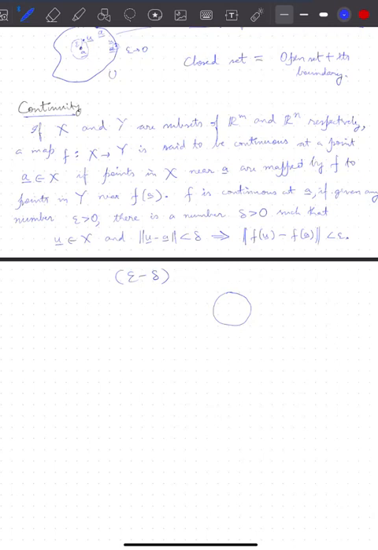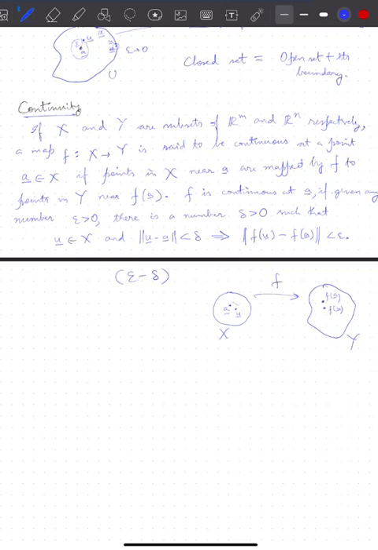Ideally, we have a set X here, and there we have a point A vector and another point U vector, and we have a map F, and we have this Y set here. A gets mapped to F of A vector, and this is F of U vector.